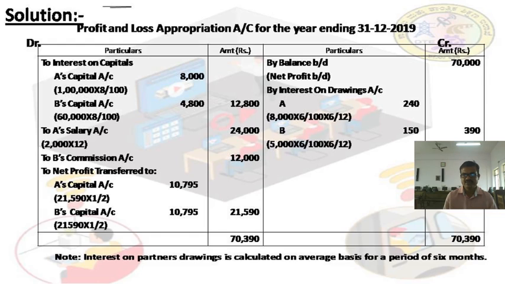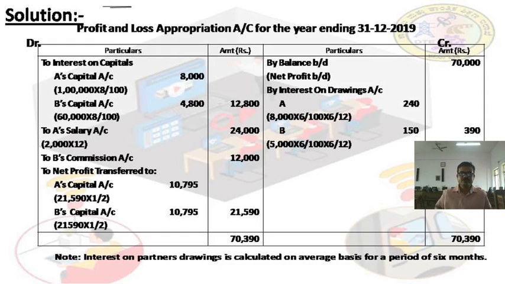Monthly salary means multiplied by 12, in a year 12 months, 2,000 multiplied by 12, it comes to 24,000. On the debit side you have to write 24,000. The firm has allowed commission to B. So it also appears on the debit side of the profit and loss appropriation account. To B's commission, 12,000 we have to write.